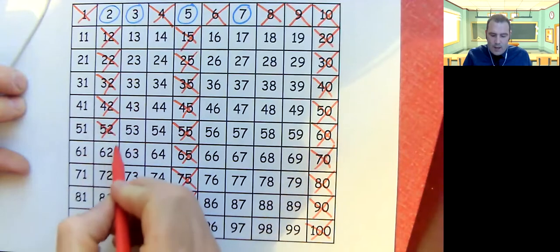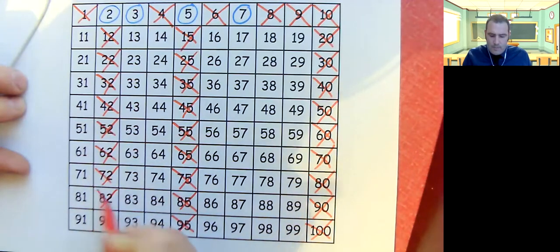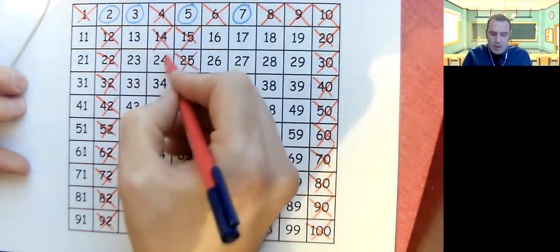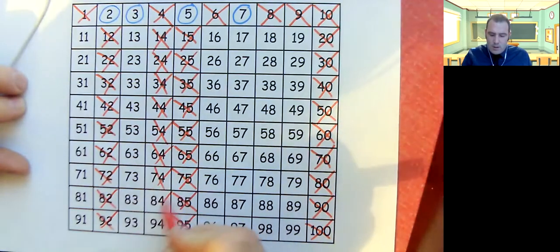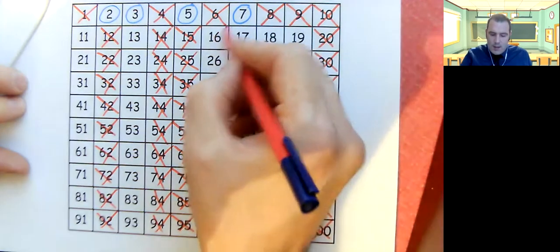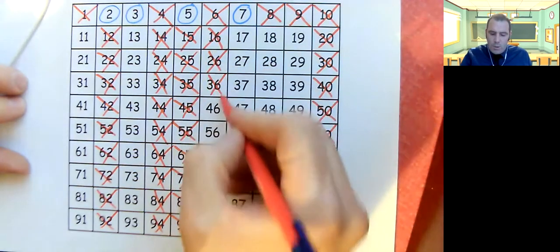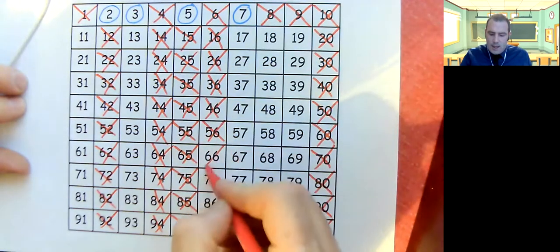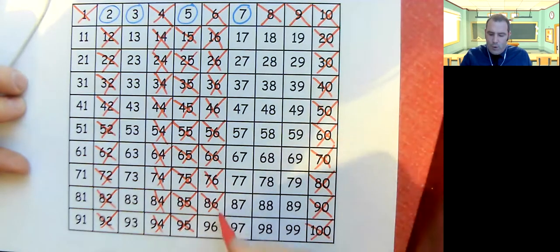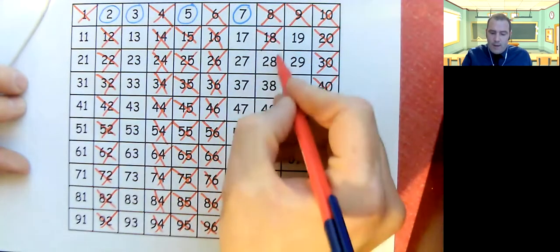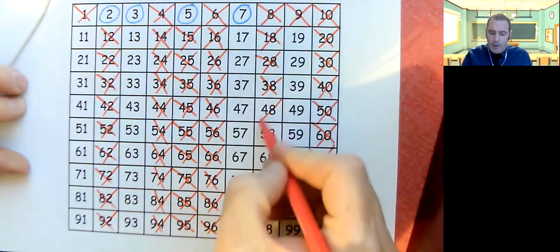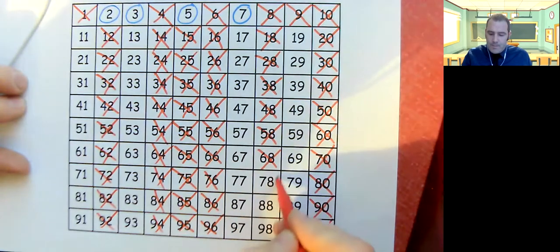So all of these down this column and this column and this column, what you'll notice, these end in a 2, a 4, a 6, or an 8. So none of these here are going to be prime numbers.